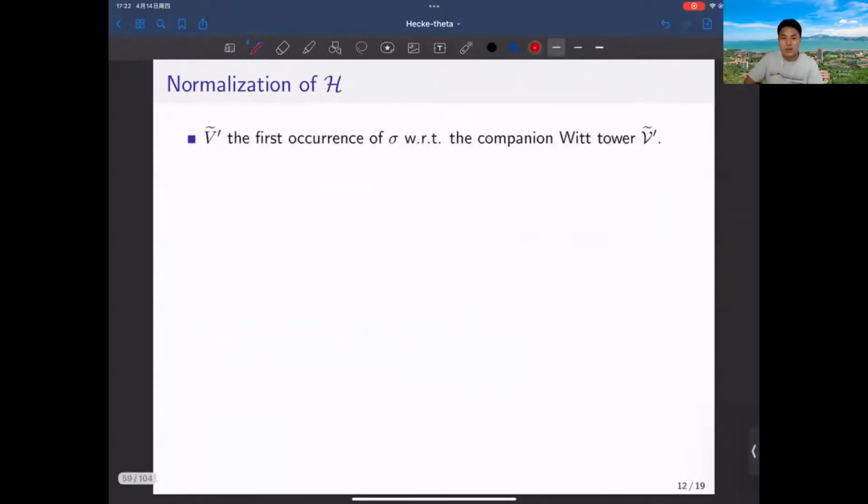Okay, a similar thing happens if you consider the other Witt tower. Then we will have C1, which is the action of the operator TTL for the first occurrence multiplicity space for our original tower, and we also will have C2, which has exactly the same formula, but with a different dimension of space.